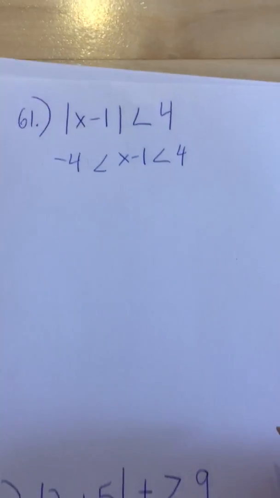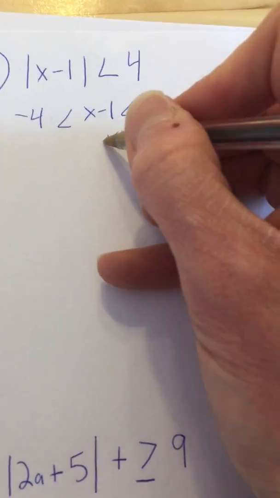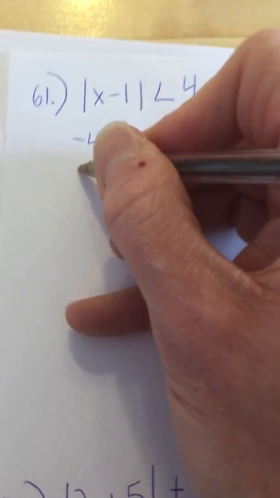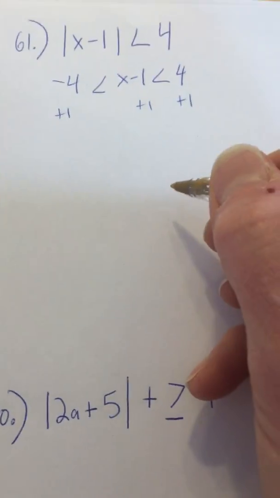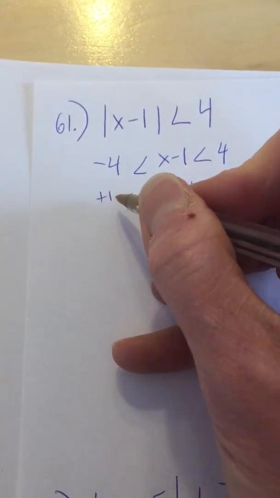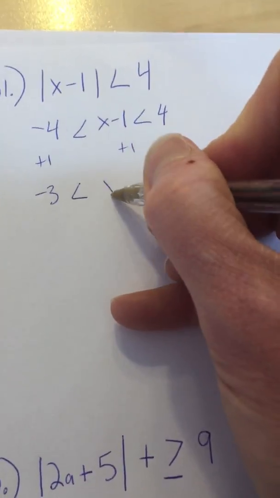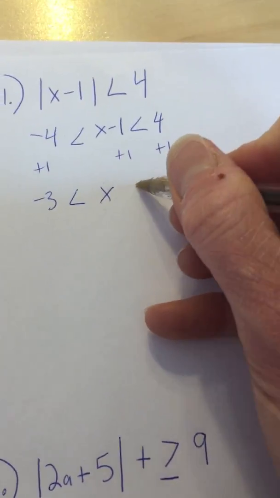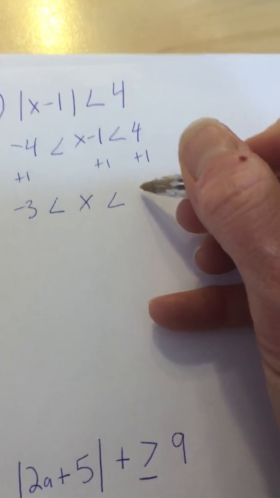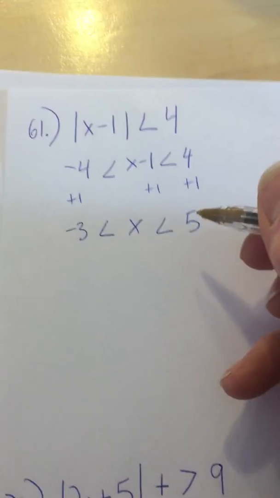That helps my brain. And then I still have to get rid of this and do this so that I get the x alone. So now if you do the -4 and the +1, you end up with -3, and then you have your x in here, and then you have the +5. 4 plus 1 is 5.